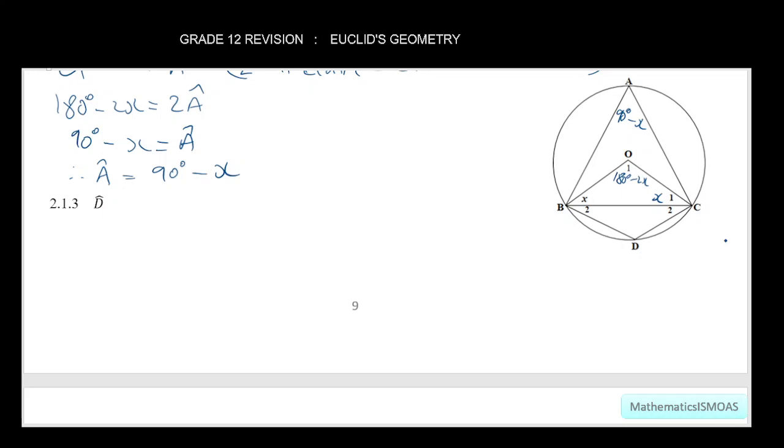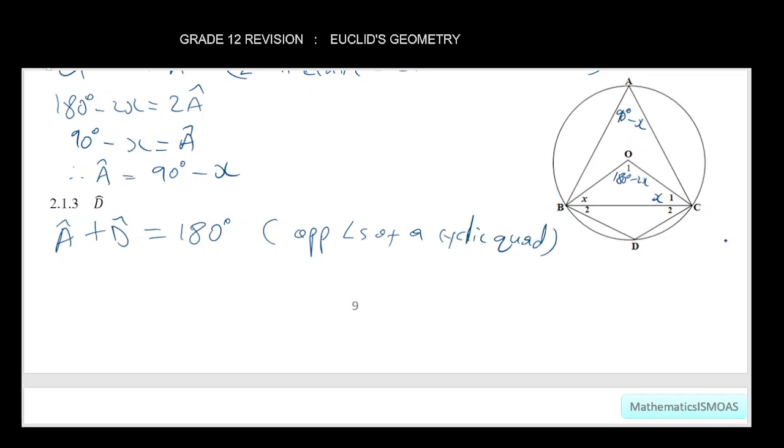Therefore, we can say angle A plus angle D will be equal to 180 degrees. And the reason for that: opposite angles of a cyclic quad.